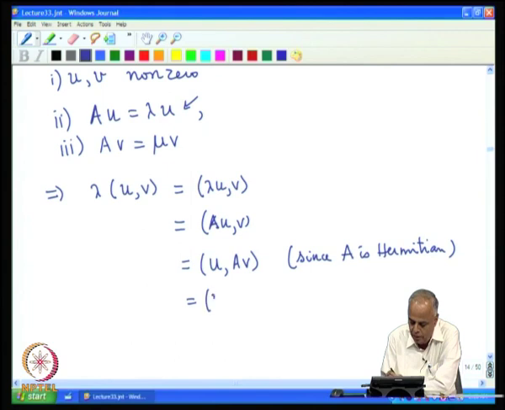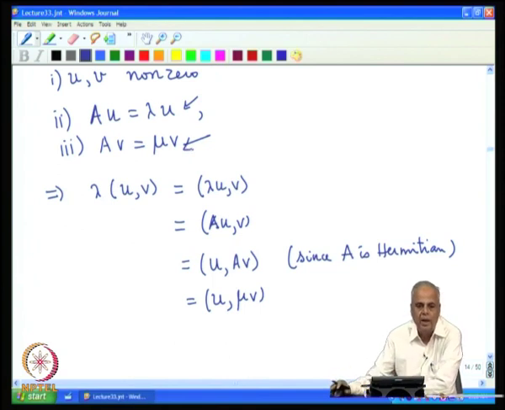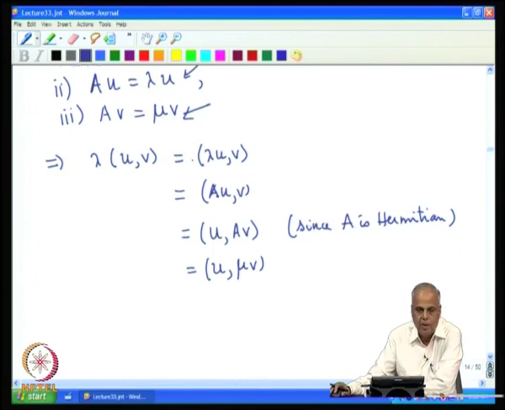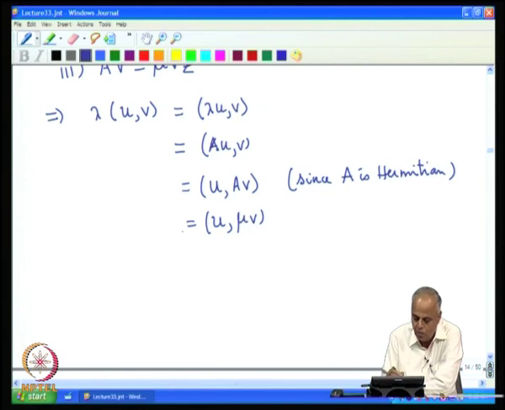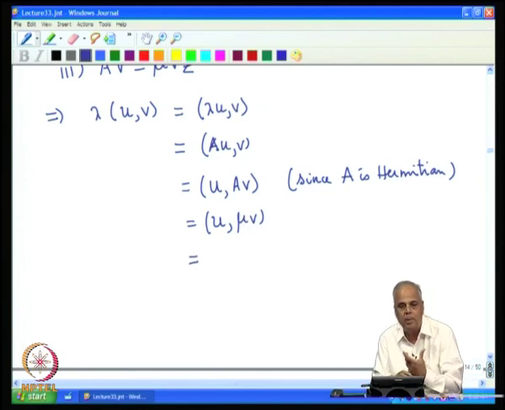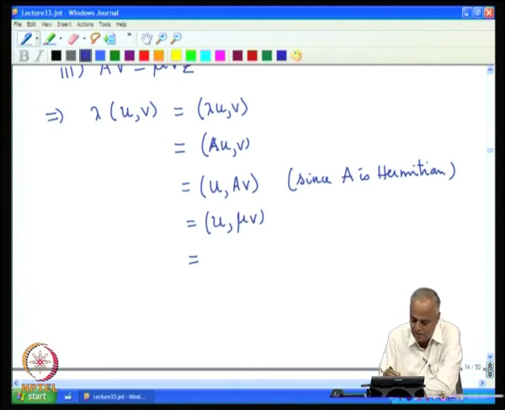Now, (u, Av) where Av is mu v, because v is the eigenvector corresponding to the eigenvalue mu. Now, mu is a constant, a number, and has to be pulled out of the second factor, it will come out with a conjugate, but mu is real. So, conjugate does not matter. It will be just mu into (u, v) since mu is real.